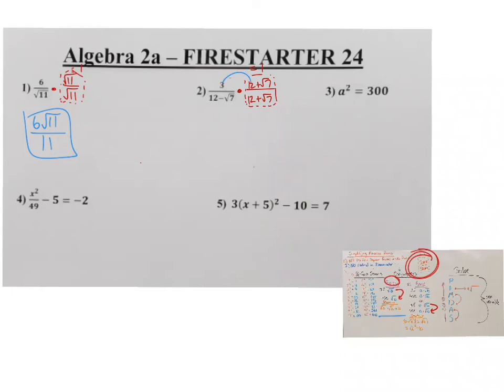Now the top is going to distribute. 3 times 12 is 36. Radical 7 in jail, 3 not in jail, so it's 3 radical 7. The bottom, I'm going to use my conjugate shortcut.